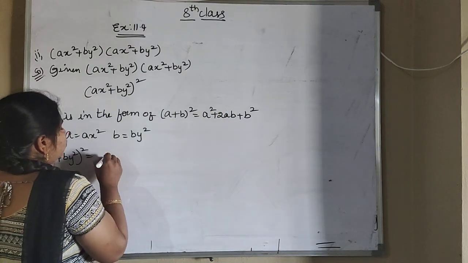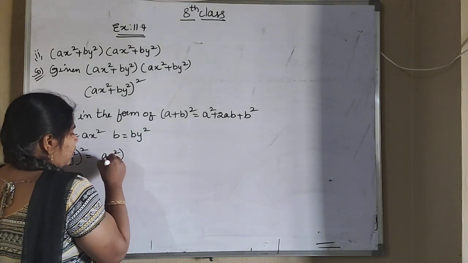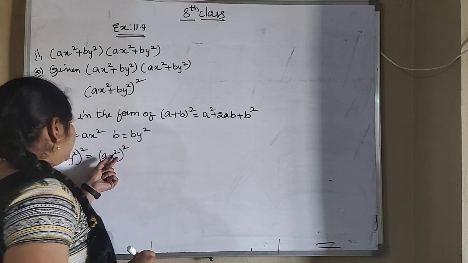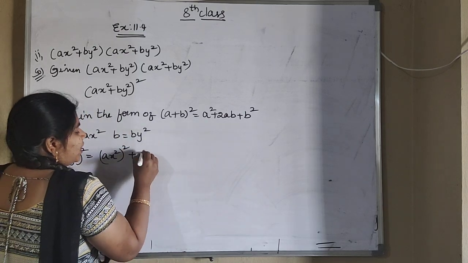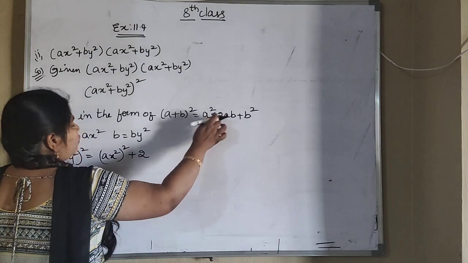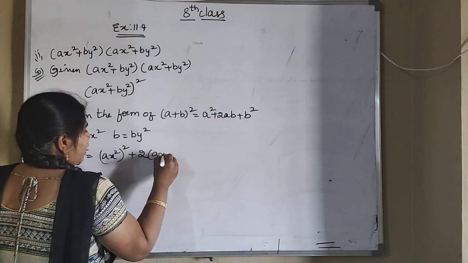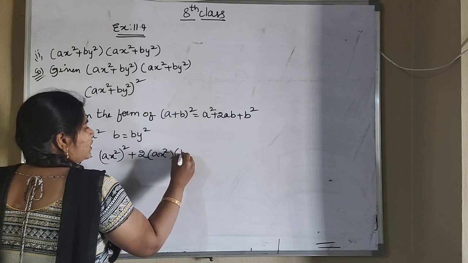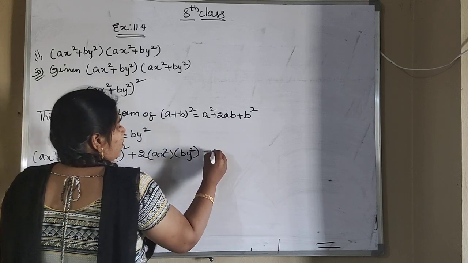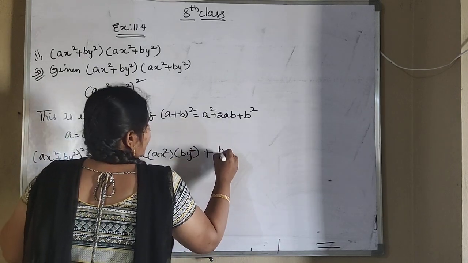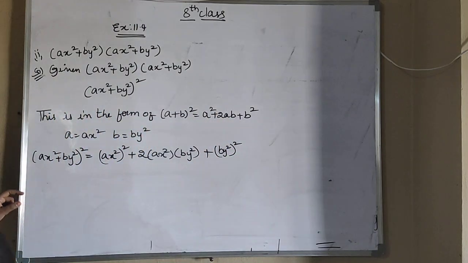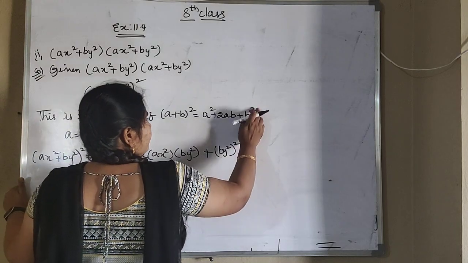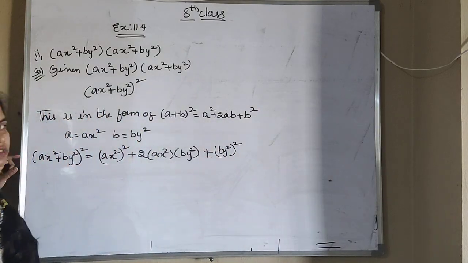What is the a value? ax square whole square. For this a you have a square. Plus 2 is a constant, the a value is ax square, the b value is by square, plus b square is nothing but by square whole square. This whole term is b, and for this b you have a square, so I kept the square.